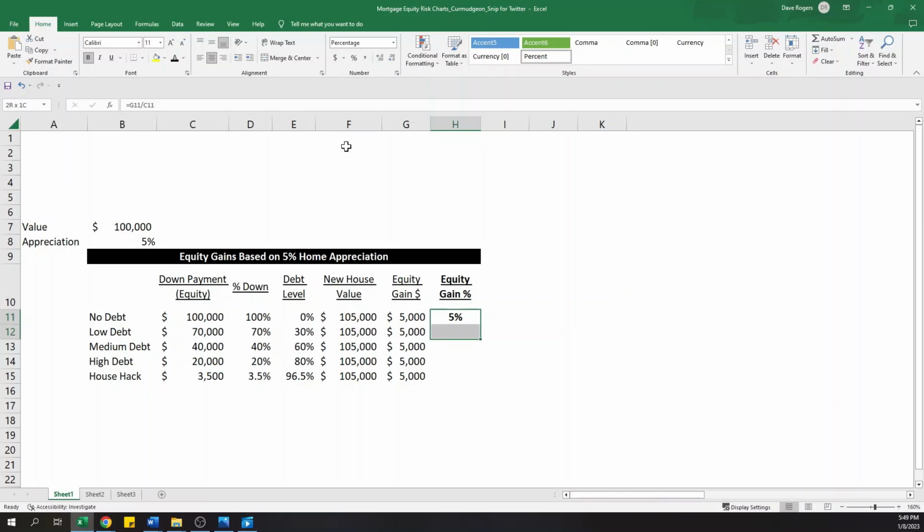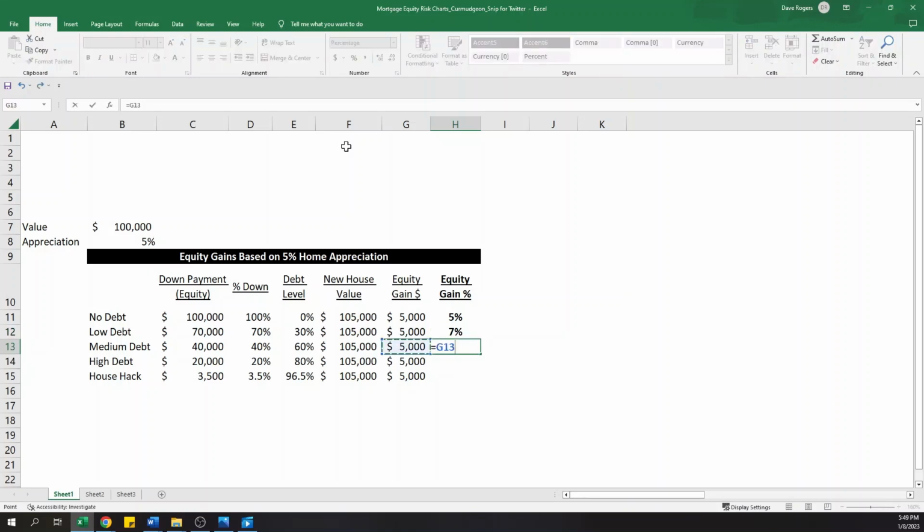Let's do the same thing for low debt, which is 70% down or 30% debt. Same thing, we have $5,000 of a gain. Divide that 5,000 by our initial equity, which was the down payment or the initial investment we made of 70,000. Divide those and we have 7%. Keep going.